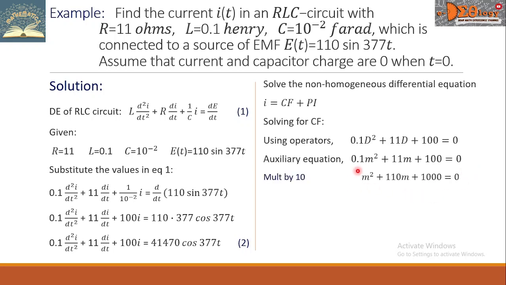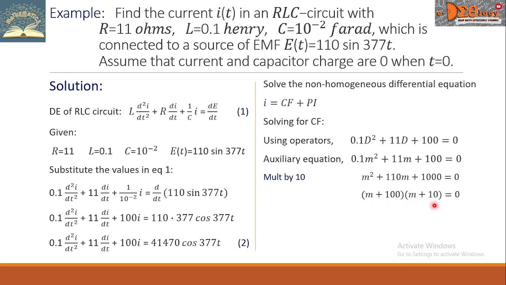Let us simplify this equation by multiplying by 10. So we have now m squared plus 110m plus 1000 equals 0. Let us solve for m. We can use factoring, and we have this m plus 100 times m plus 10 equals 0.